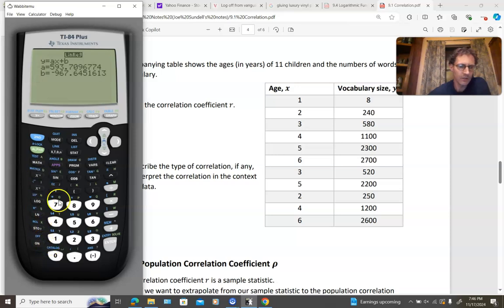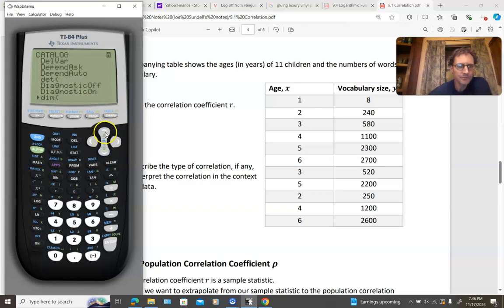So what you need to do is come down here to catalog. So second catalog, and then you need to scroll down to D for diagnostic, and then it will give you the option to actually turn it on. Here it is.